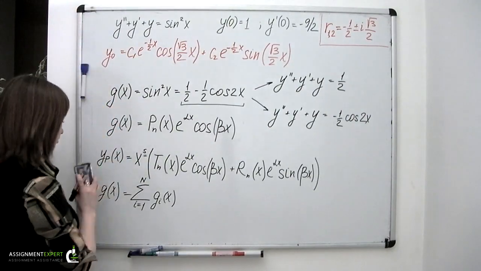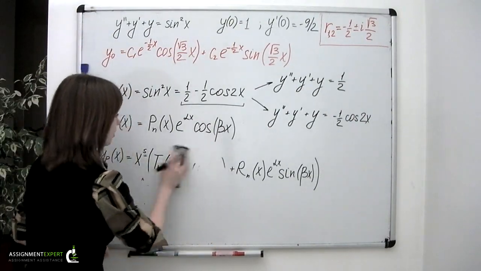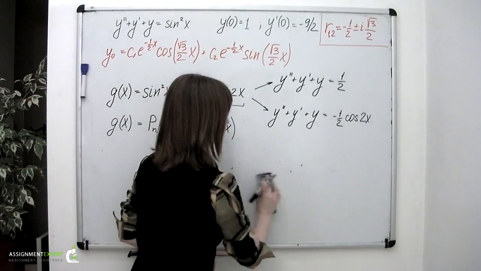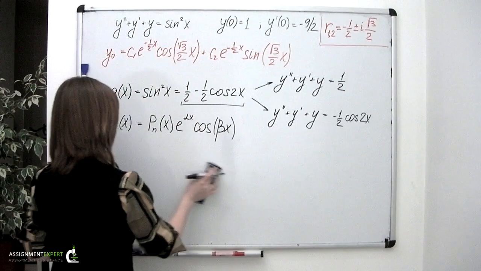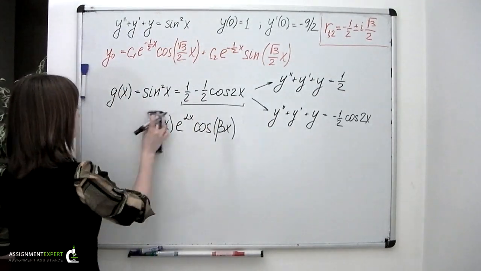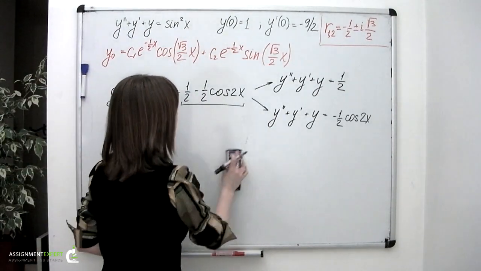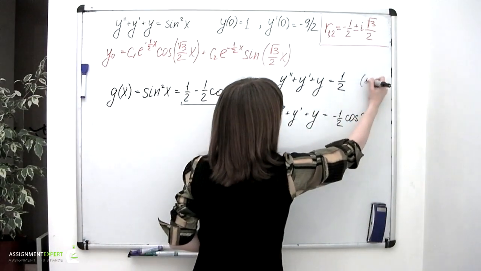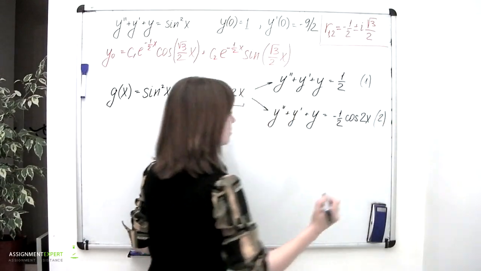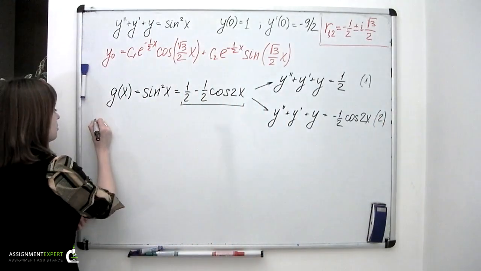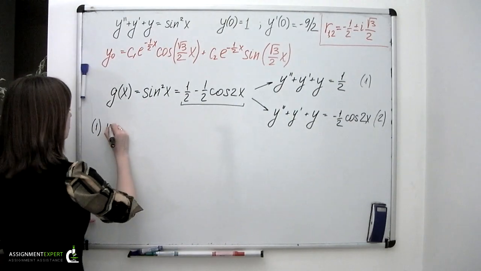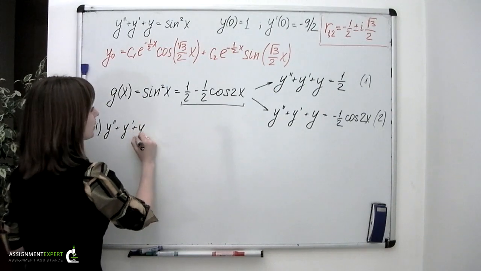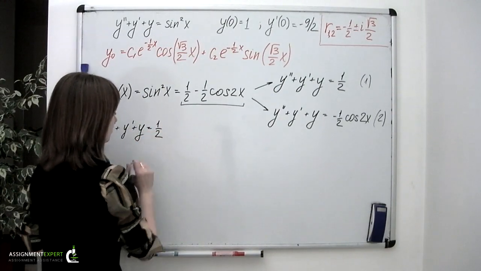So, let's try and do that. First we're going to solve the first equation. Let this one be the first, this one be the second. So we go y double prime plus y prime plus y equals 1/2.